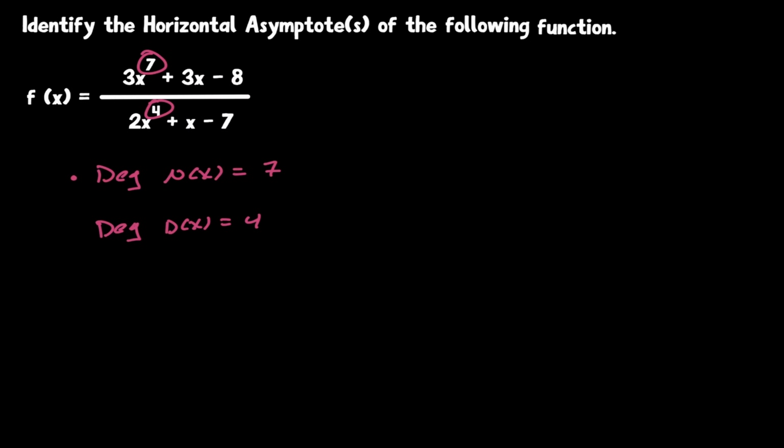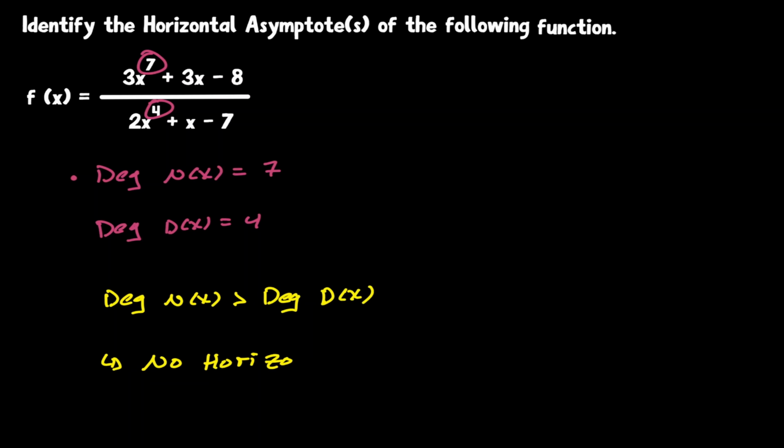Well, here we have the situation where the degree of the numerator is greater than the degree of the denominator. So we can say that we have no horizontal asymptote. Because here our function is going to either increase or decrease without a bound.